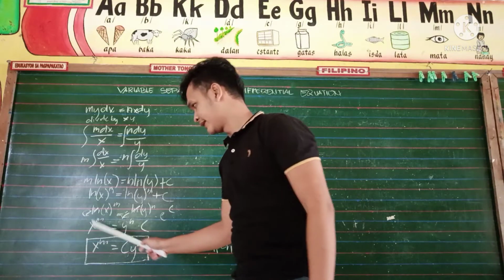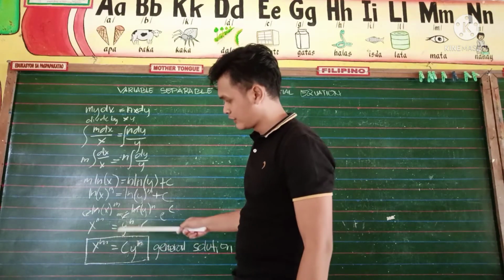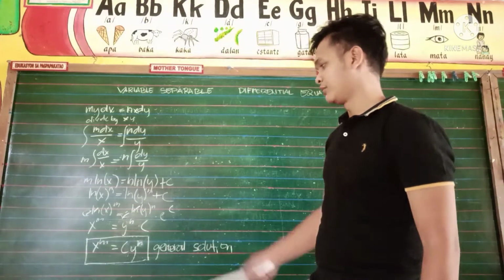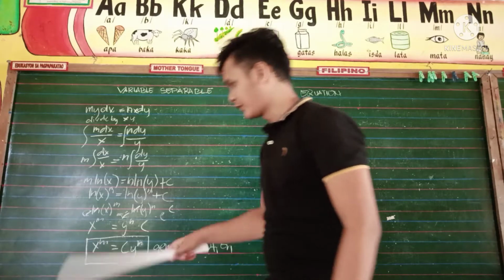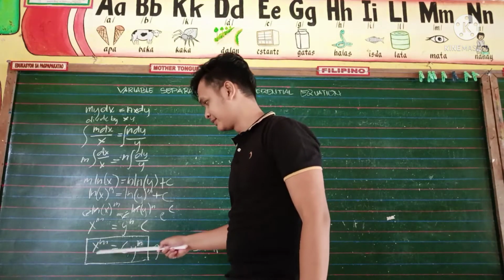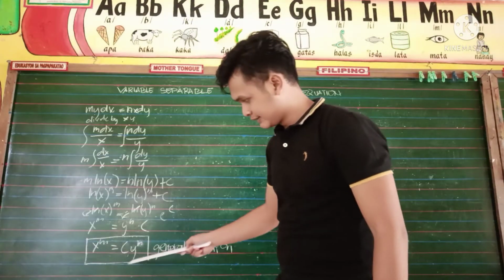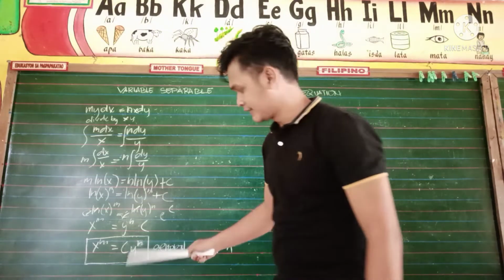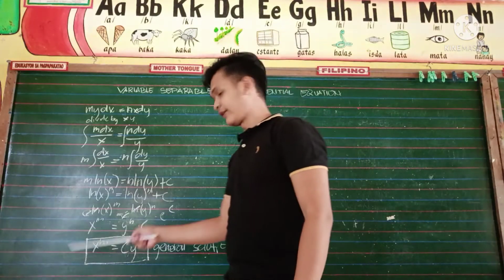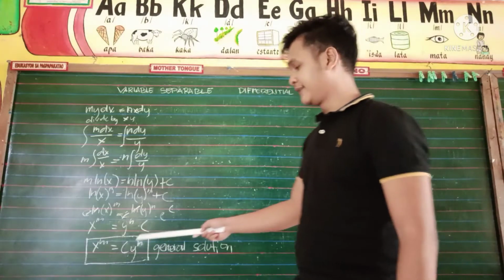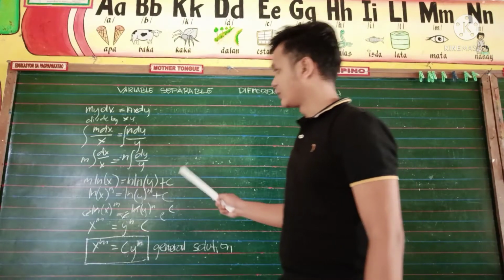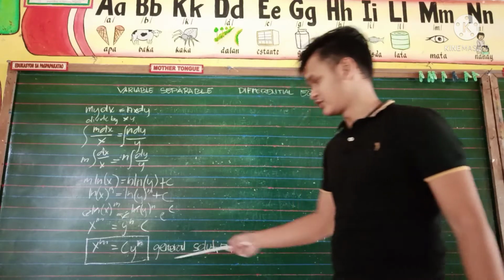We have the remaining x raised to m is equal to y raised to n multiplied by c. So in other form, x raised to m is equal to c multiplied by y raised to n. So this is our final answer. Since the constant has not been defined, the solution we have is a general solution.